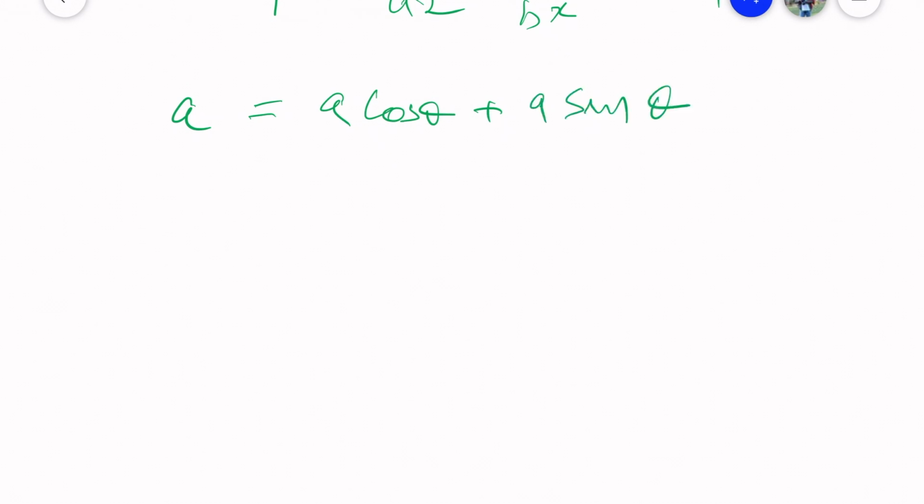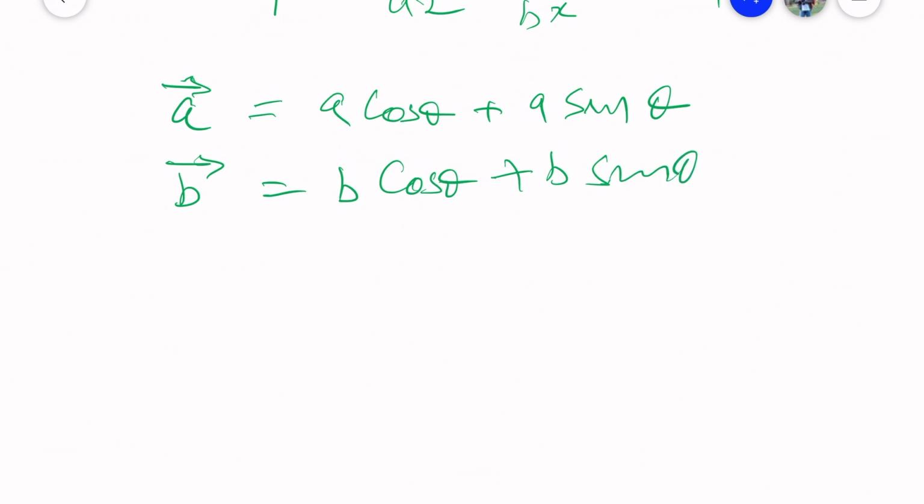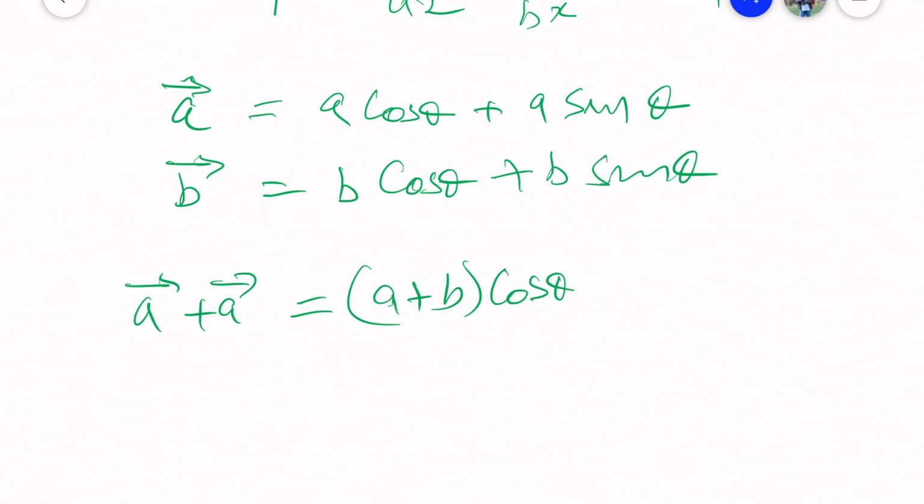This is our vector A. And if we have another vector B, which is B cos theta plus B sin theta, we can just do addition of vector A plus B as nothing but A plus B cos theta plus A plus B sin theta.